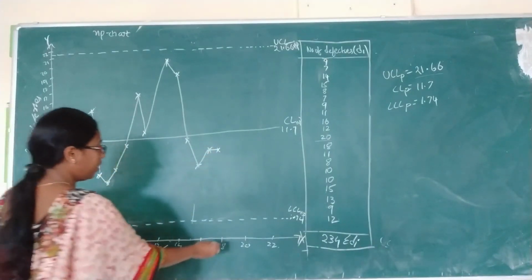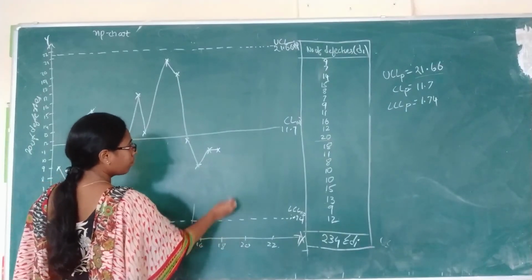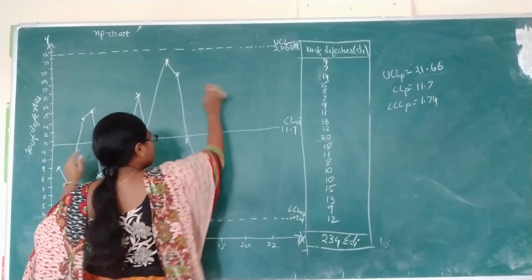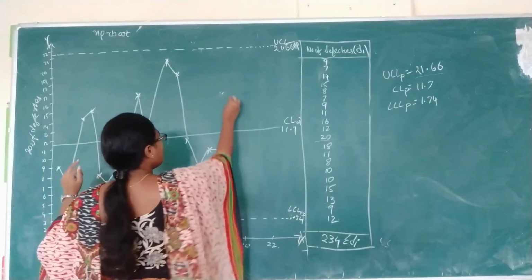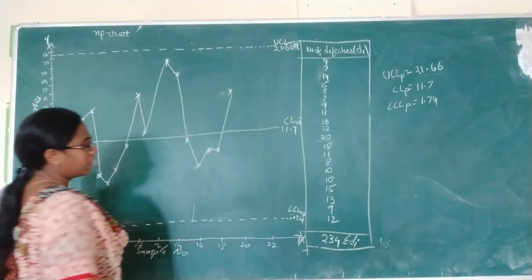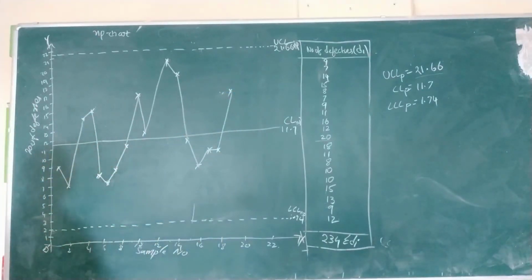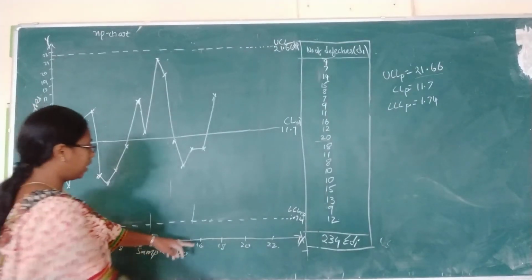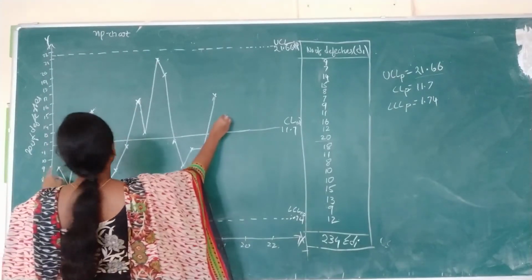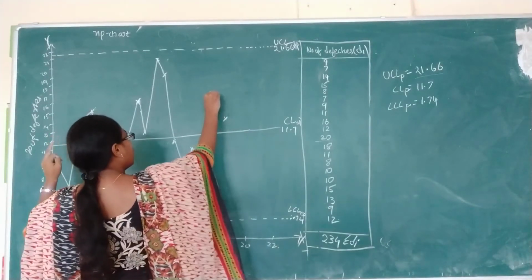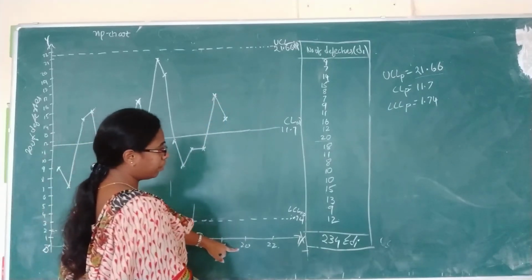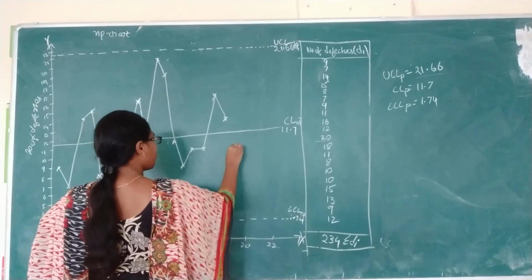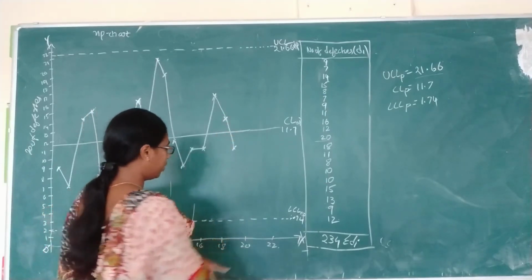Next after that 15. Next value is 15. After that 13. The 18th value is 13. Next, the 19th value is 9. Next, the last 20th value is 12.